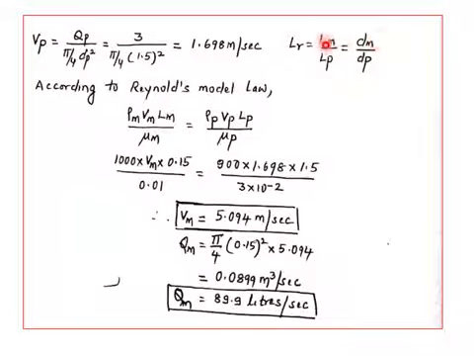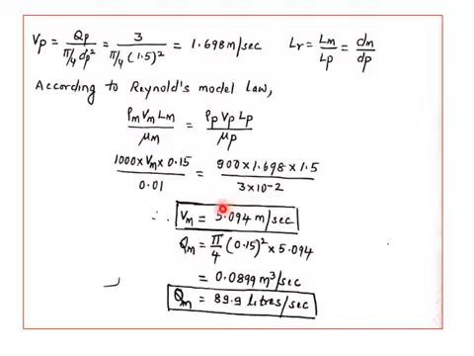Therefore Lm by Lp should be equal to dm by dp. So instead of Lm we write dm, instead of Lp we write dp. Viscosity is given for the model and for the prototype. You can substitute in poise for both because it is a ratio. These two should be in the same units, velocity can be in the same units, and density has to be in the same units.